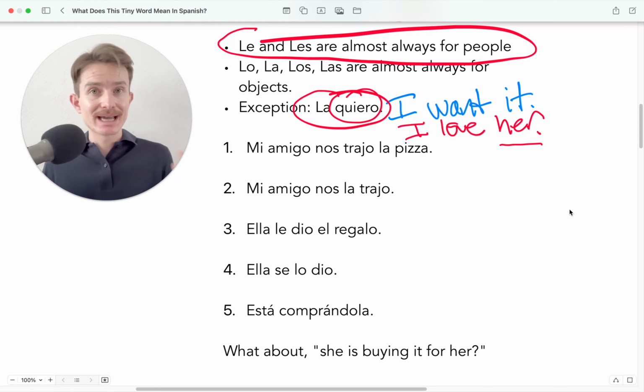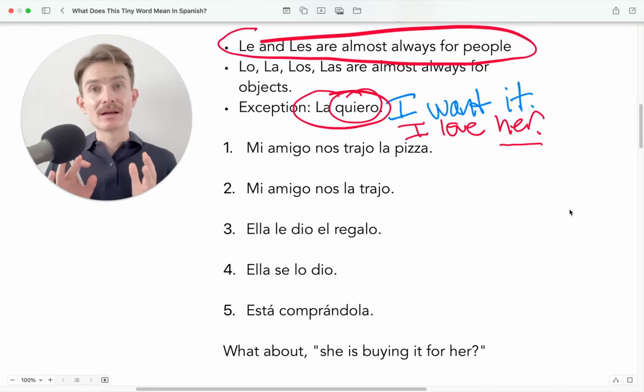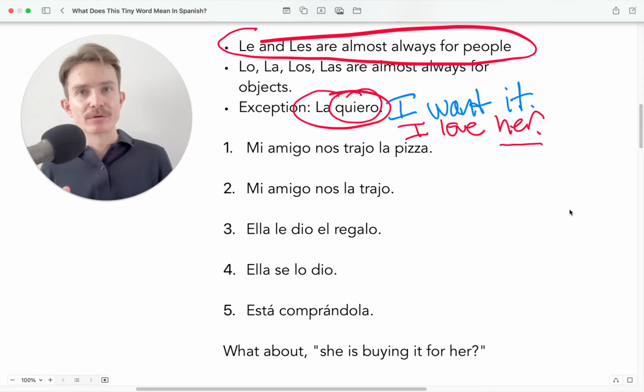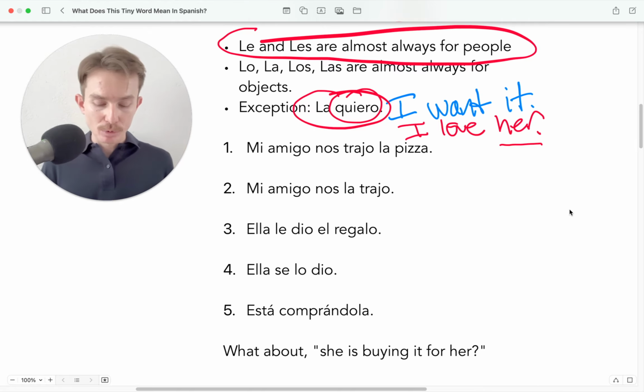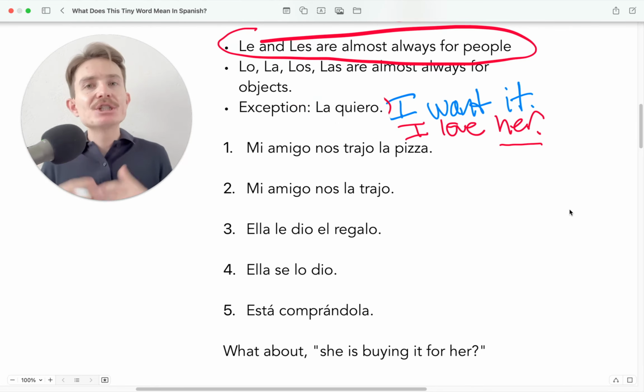Let's say, once again, I was talking about something like la botella, the bottle, and I tell you, hey, la quiero. I want it, and I'm referring to the bottle. But let's say I was talking about my novia, my girlfriend, for example, and then I said to you, la quiero mucho. I love her a lot. We're using la because she is the only object in the sentence.